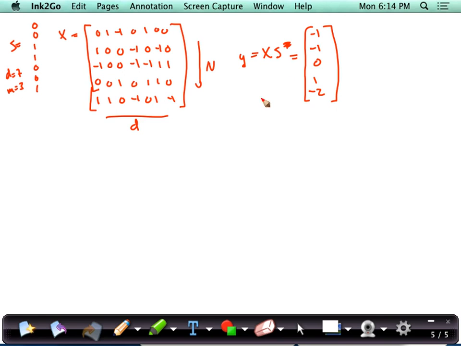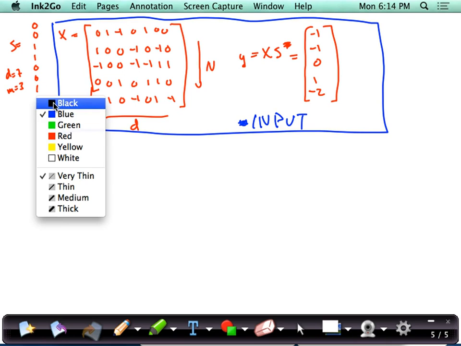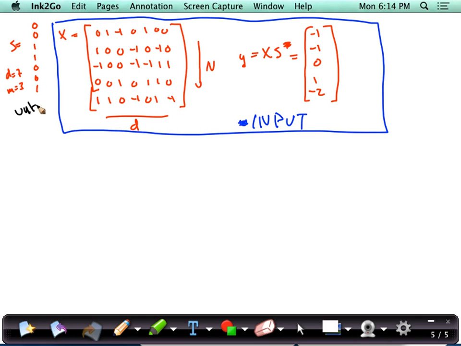It's good to keep in mind that only this part is the input. The value s here is unknown, and I want to try and recover this vector s.